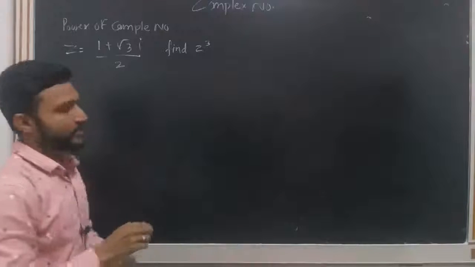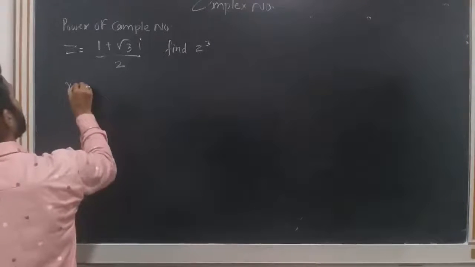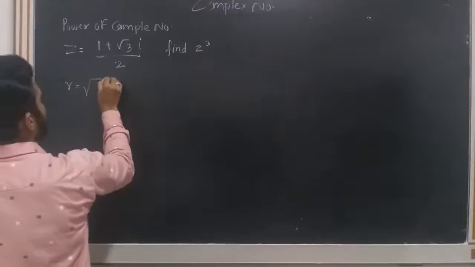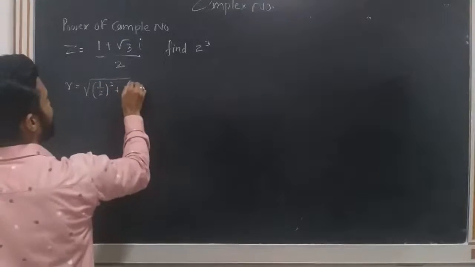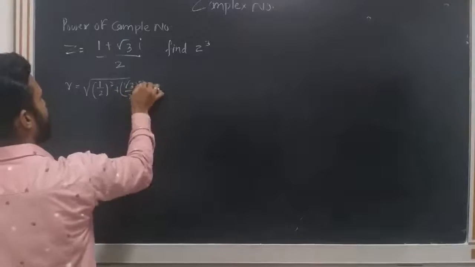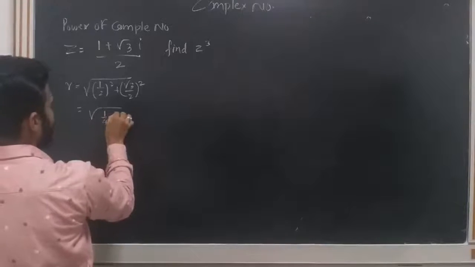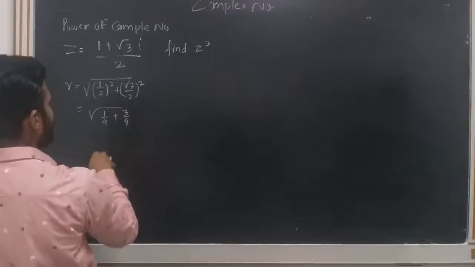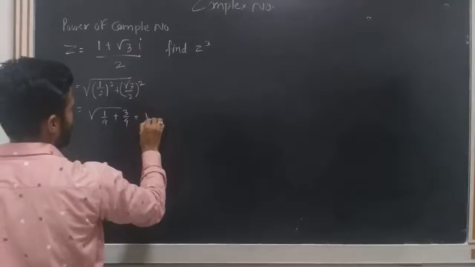Alright, so first just find r, which is equal to 1 by 2 bracket square plus root 3 by 2 bracket square. So you will get 1 by 4 plus 3 by 4, and the answer is 1.